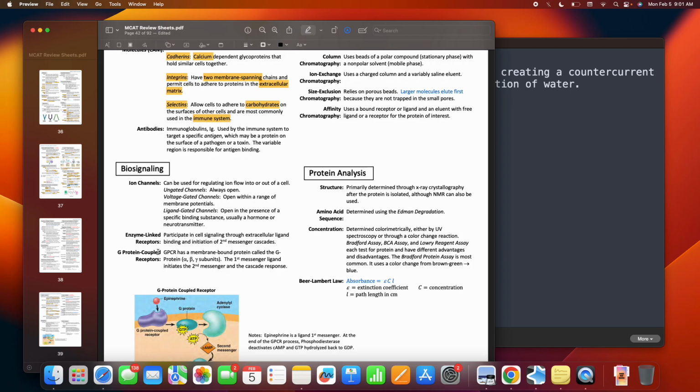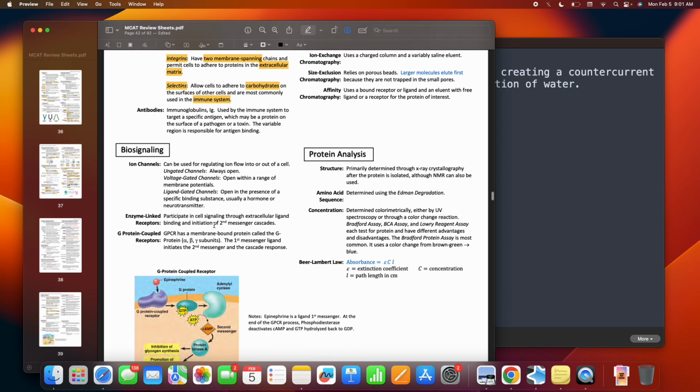Enzyme linked receptors participate in cell signaling through extracellular ligand binding, initiation of second messenger cascades. So the second messenger is the cAMP here, but the first messenger is actually epinephrine, interestingly. Then we have GPCR.